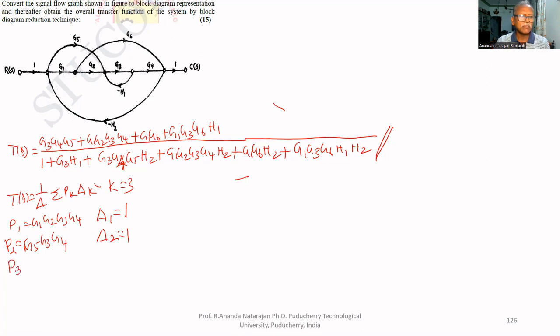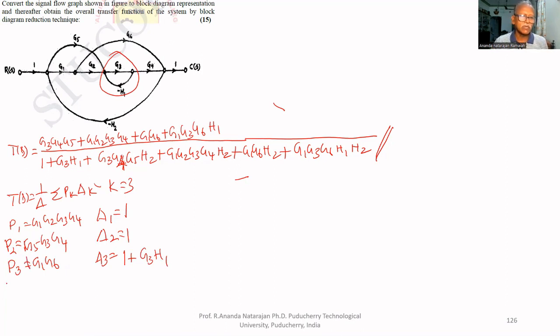For P3, we can travel through G6 bypass. That's G1, G6 and delta 3 equal to the part of graph which is not touching the forward path is this part. Therefore, 1 plus G3 H1. That's all about forward paths.